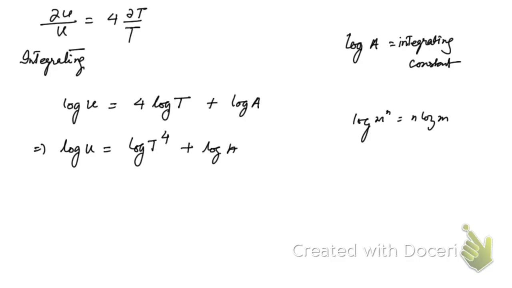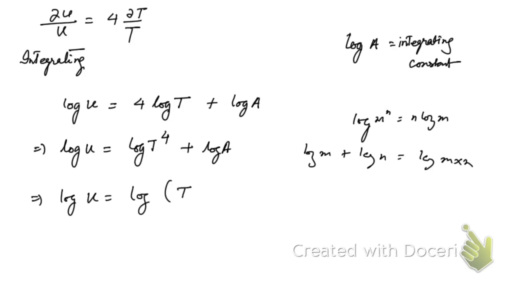You know this property, log m plus log n can be written as log of m into n, right? So if we use that, log of u can be written as log of t to the power 4 into a. And then we can write u is equal to a into t to the power 4.